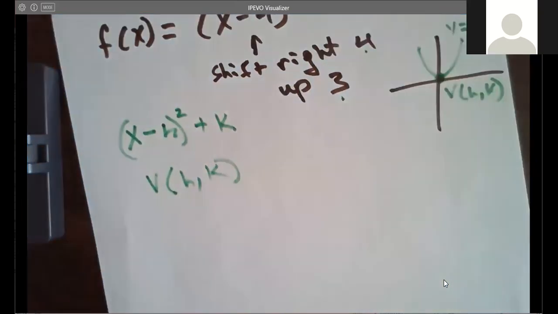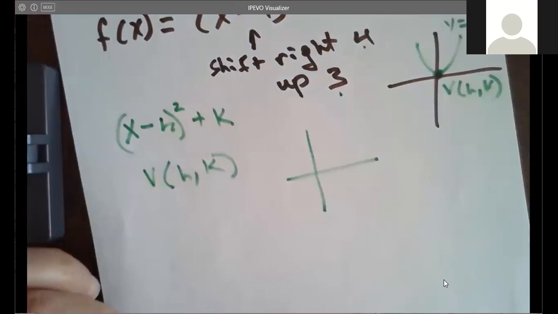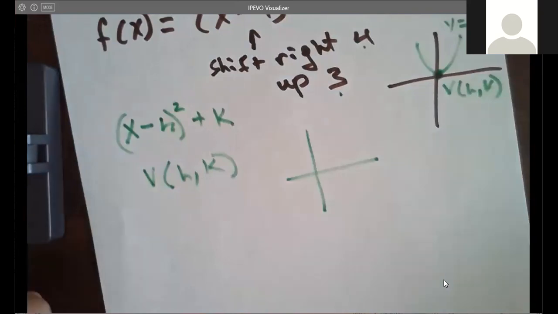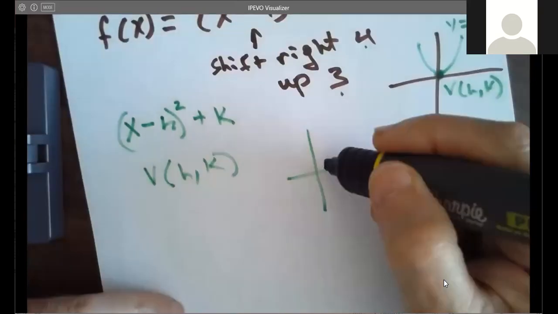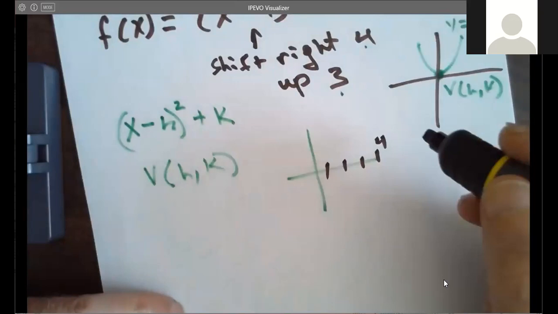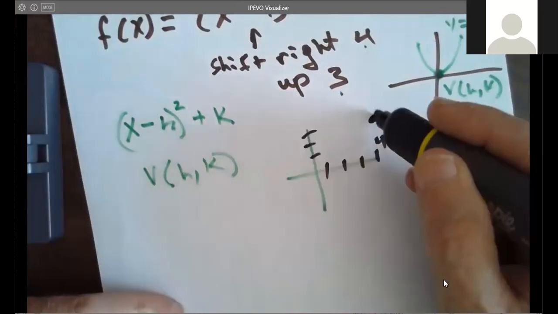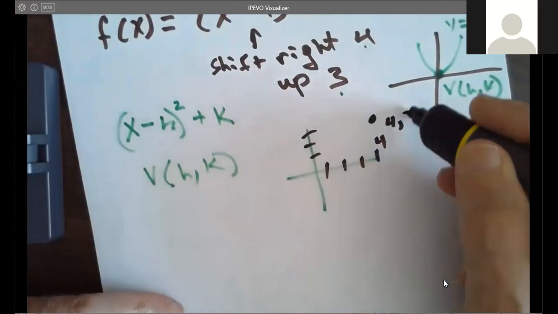So we're going to take that and shift it right 4 spaces, so this will be 1, 2, 3, 4, and up 3, 1, 2, 3. So this vertex is up here at (4, 3).